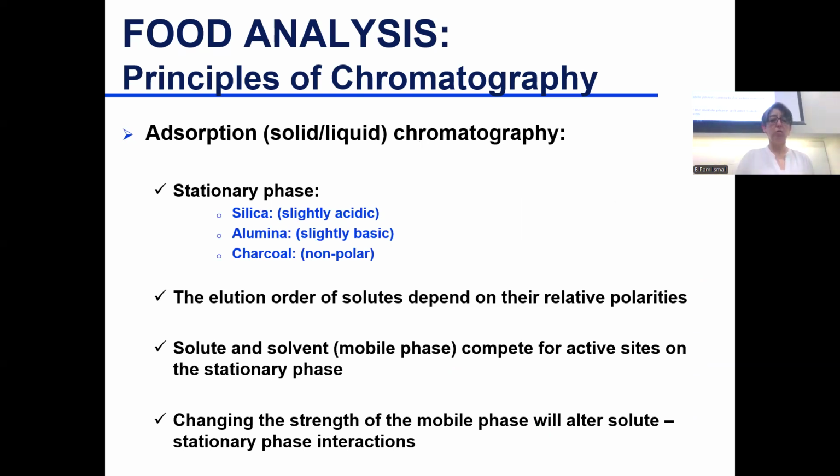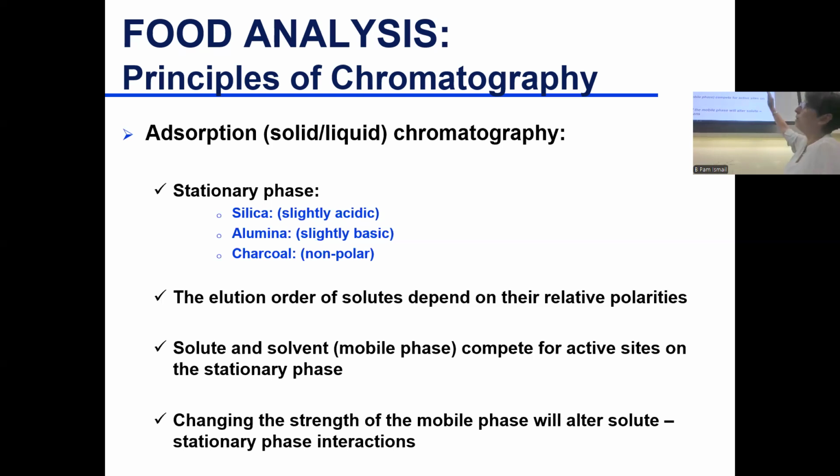Again, this needs to be swapped. I'll do that later. So stationary phase can be silica, alumina, or charcoal, for example. And here the elution depends on relative polarity. The first two are polar, charcoal is non-polar.